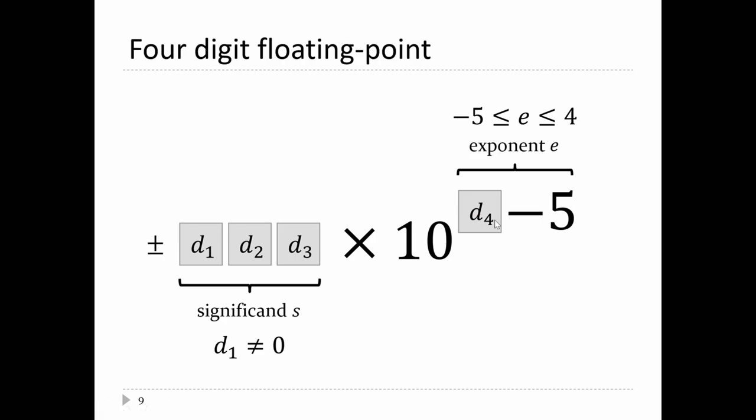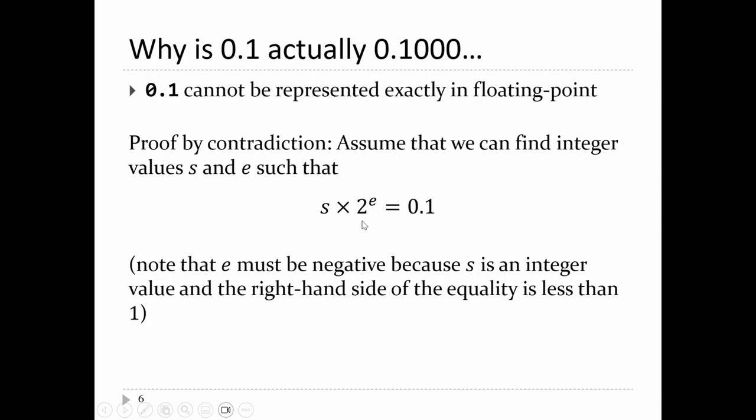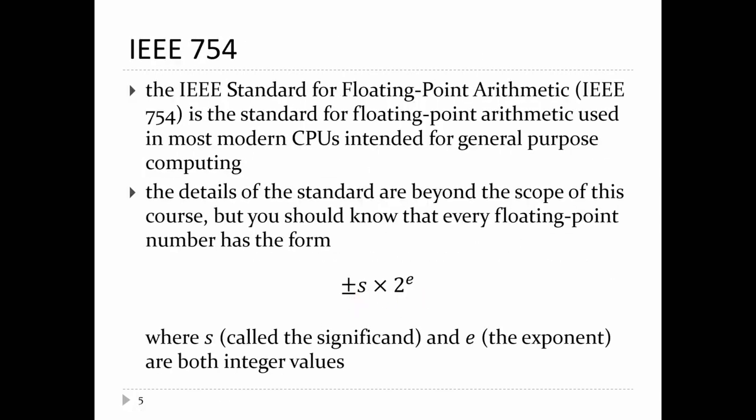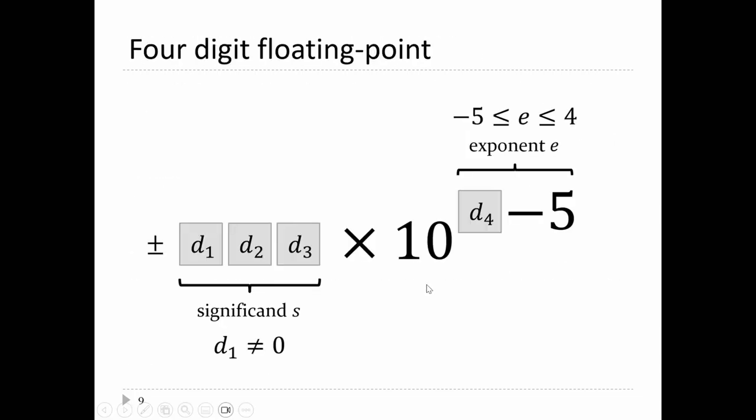So if d4 is between 0 and 9, the total exponent is between minus 5 and 4. And so that's what our numbers are going to look like. So that looks a lot like this, back here, the binary representation of a floating point number, some integer times 2 raised to some exponent. Ours is some integer times 10 raised to some exponent.